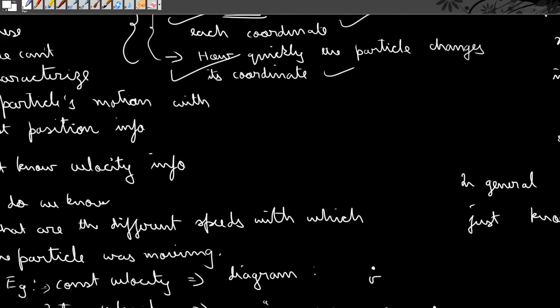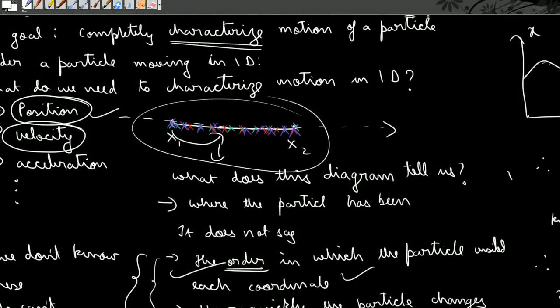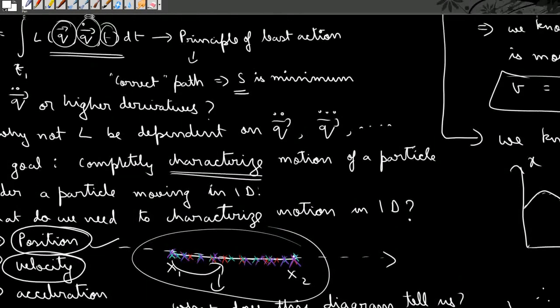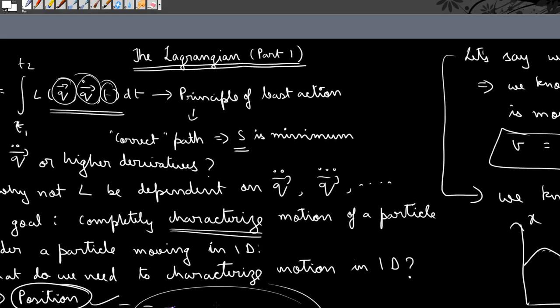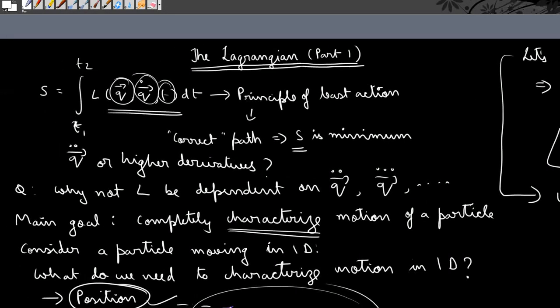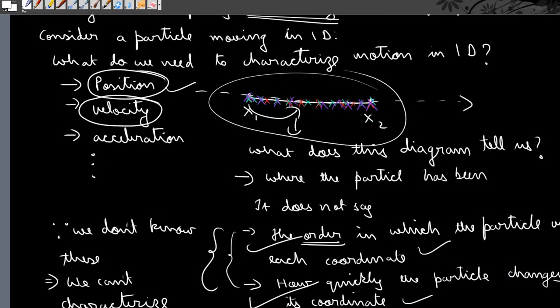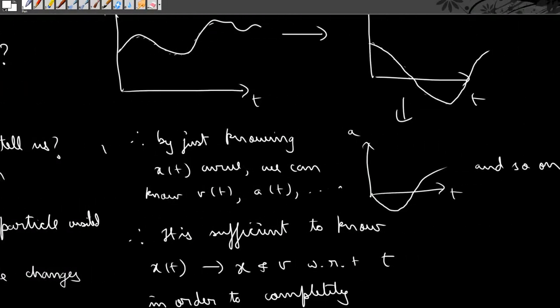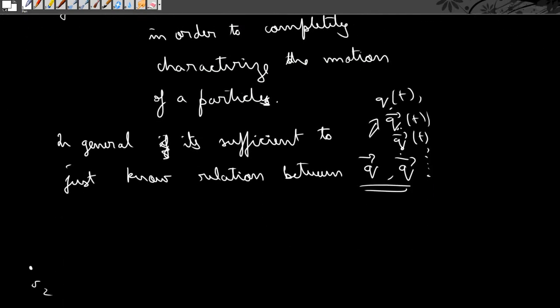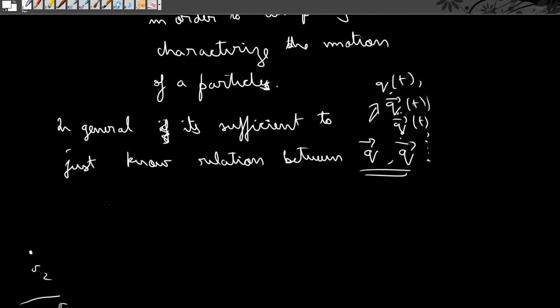And that is exactly the reason why the Lagrangian is dependent on these three variables alone. I hope that this is clear. So that is why the Lagrangian depends only on the generalized coordinate and the generalized velocities and time.